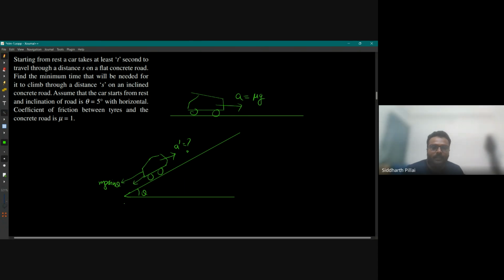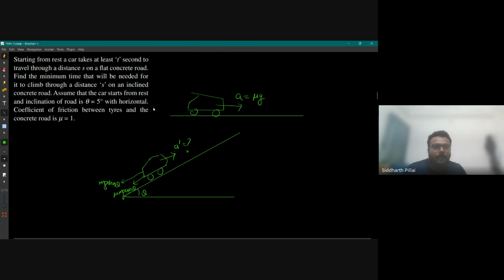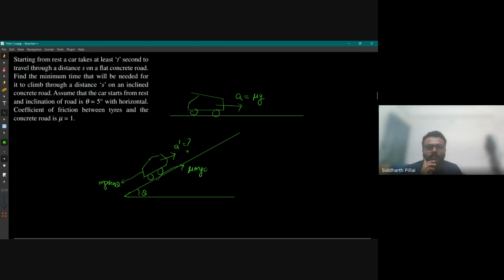The maximum frictional force is mu mg cos theta, acting forward, because the tires are trying to spin backwards, so the friction acts in the forward direction.